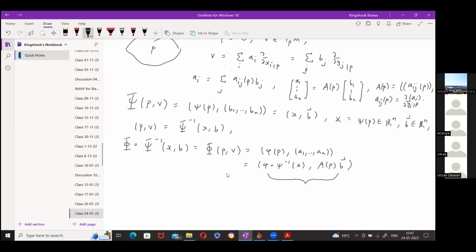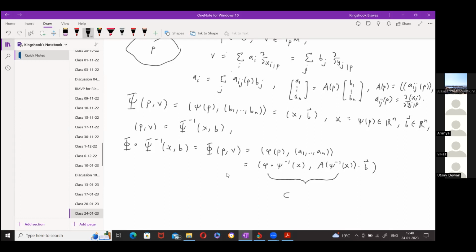This p I can further write as psi inverse of x, so I write everything in terms of (x, b). This becomes A of psi inverse x times the column vector b.